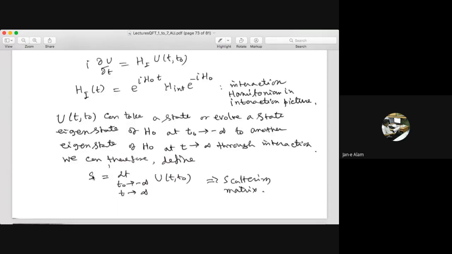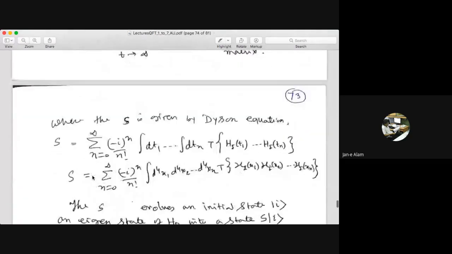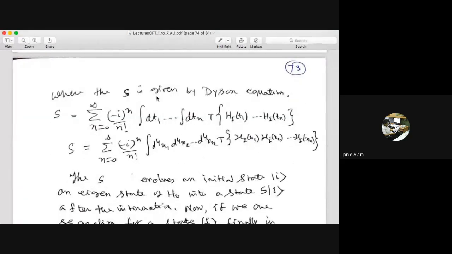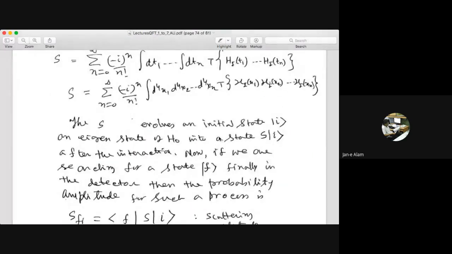So this is the scattering matrix in the limit t tends from minus infinity to plus infinity, and this equation is sometimes called the Dyson equation. Once you know this S, then as I said, this is the scattering matrix.